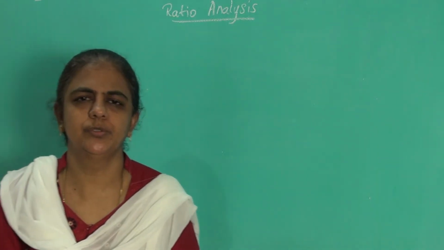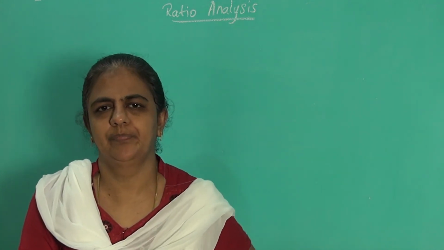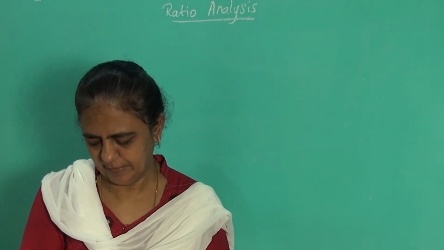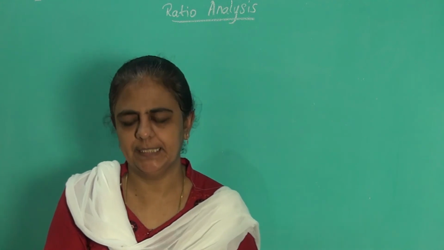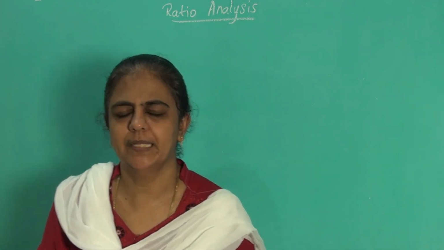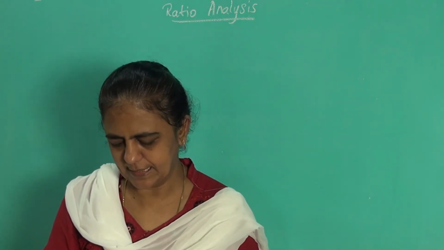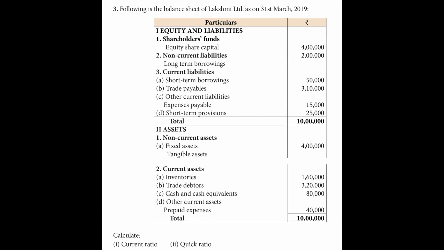Next we'll move to question number 3. Question number 3, page number 320. I'll read the question. Just listen. What is asked? You are asked to calculate current ratio and quick ratio. Okay. Following is the balance sheet of Lakshmi Limited as on 31st March 2019. Equity and liabilities. Shareholders funds is given. Equity share capital is given.